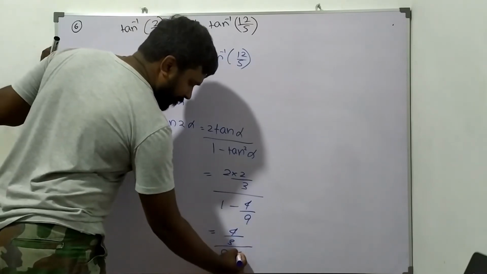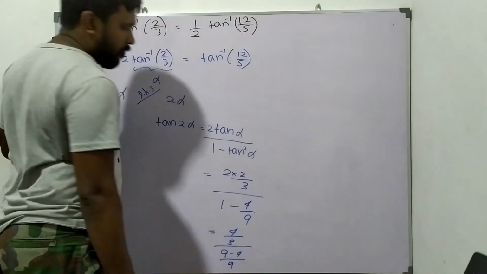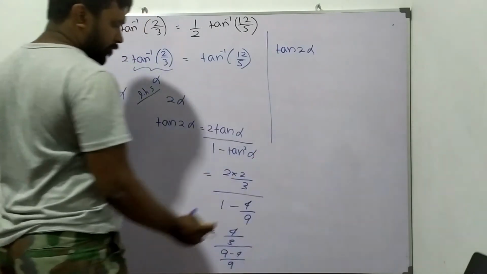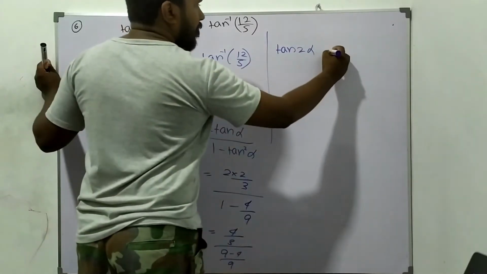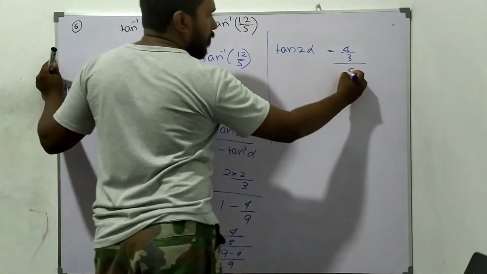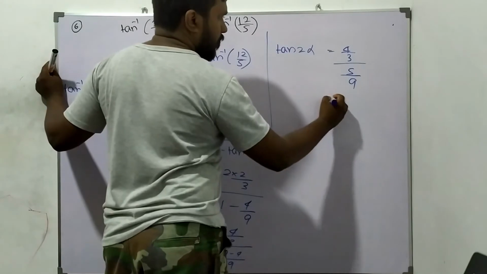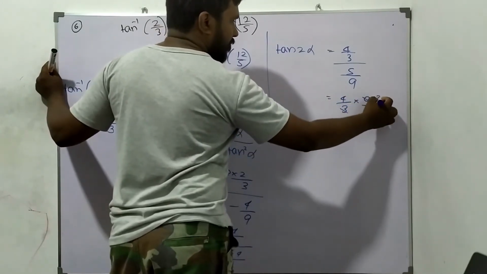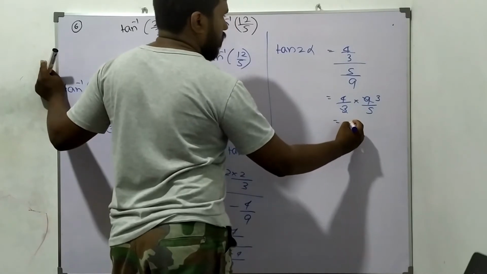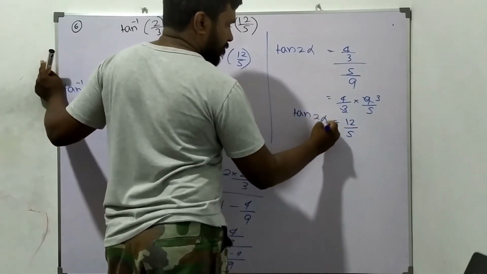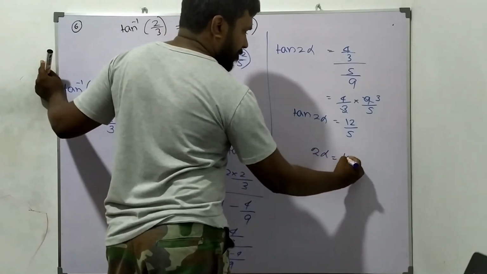So now you will get tan 2 alpha equal to 12 over 5.